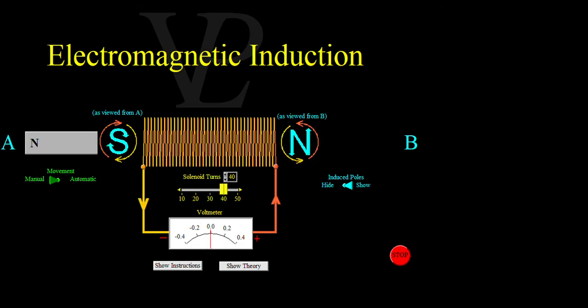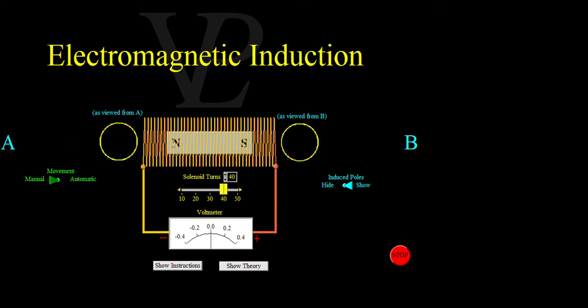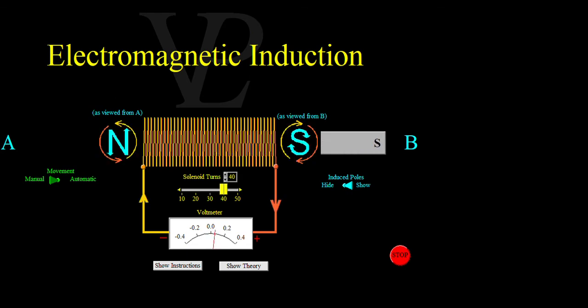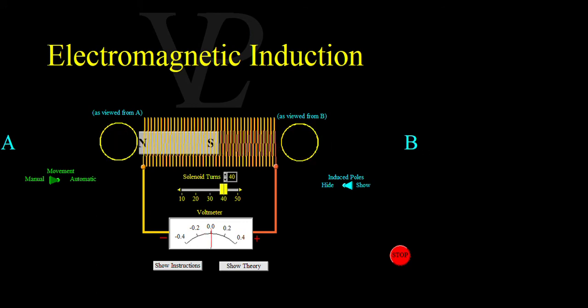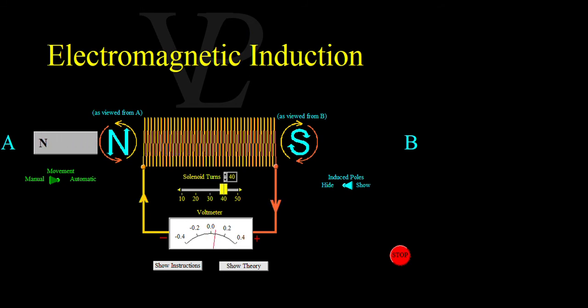So as the south comes in, we have a south pole here. Then we have nothing inside here because there is no cutting of field lines, no change of the field through the coil. The entire field is in the coil now. There is no change of field through the coil. And then as we come out, it's trying to pull it back in. As north pole comes in, it becomes a north trying to push it out. And then this other end becomes a north trying to pull the south back in.